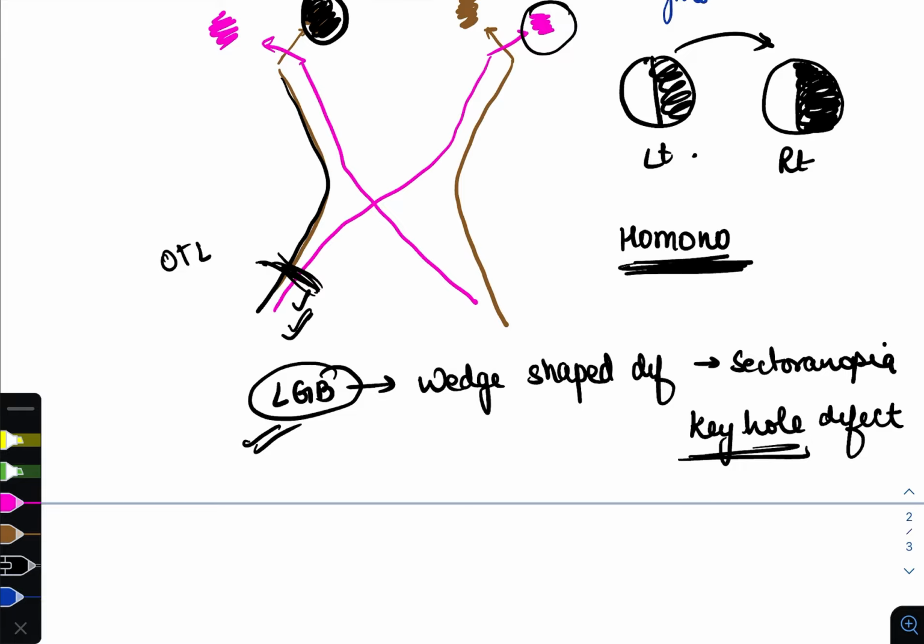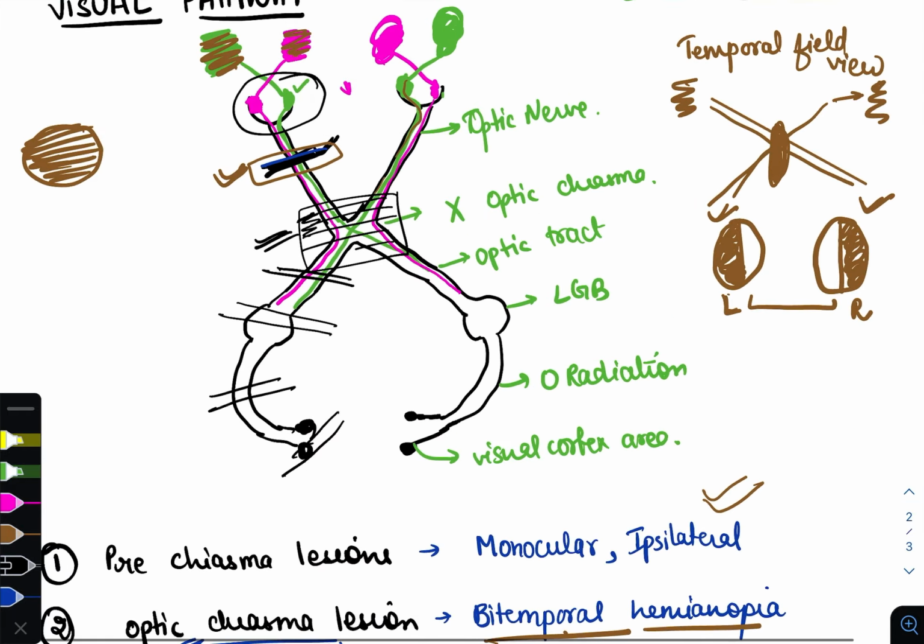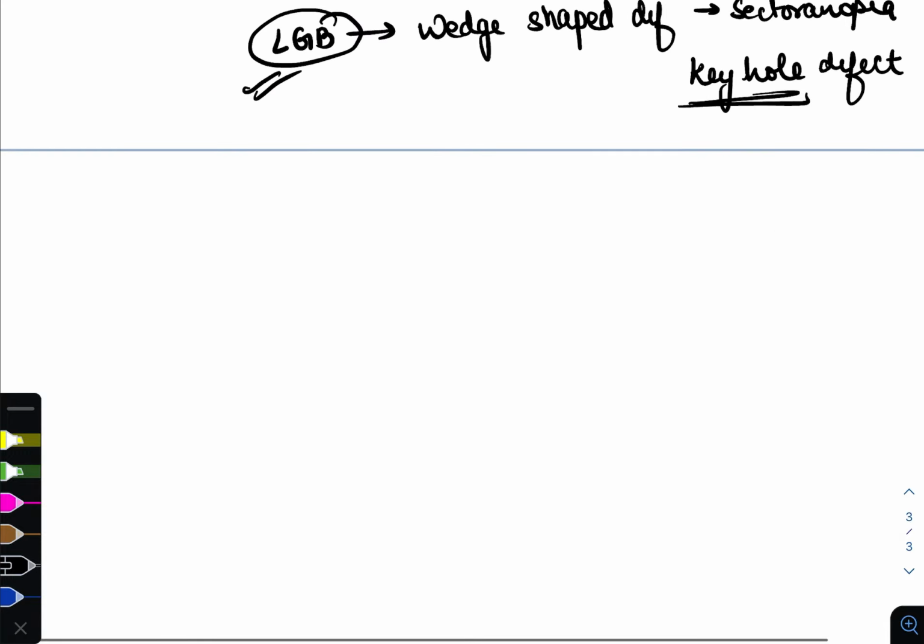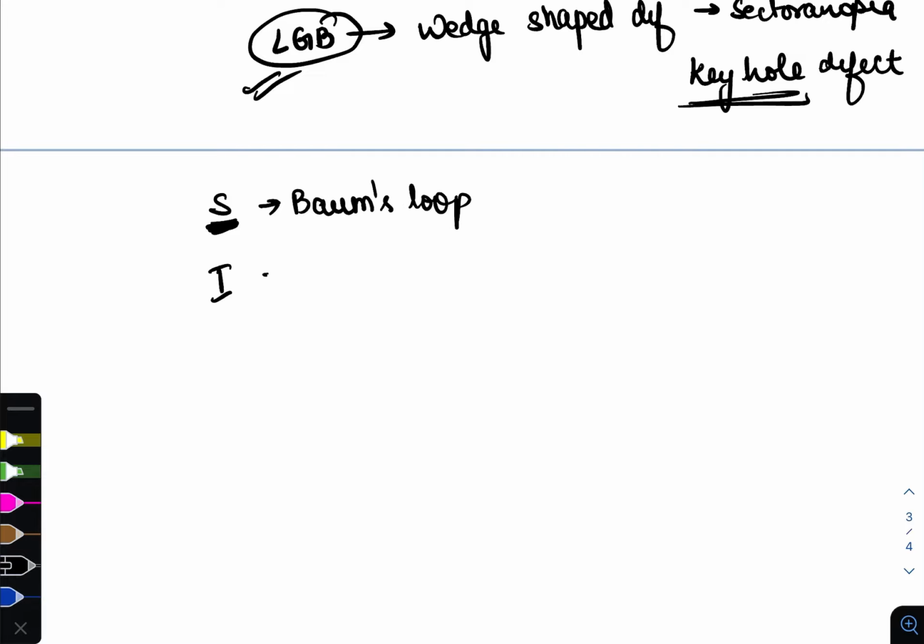And what will we see in the optic radiation lesions? In optic radiation lesions we have superior and inferior fibers. If the superior fiber defect is there, then it causes Baum's loop, and an inferior fiber defect is Mayer's loop.